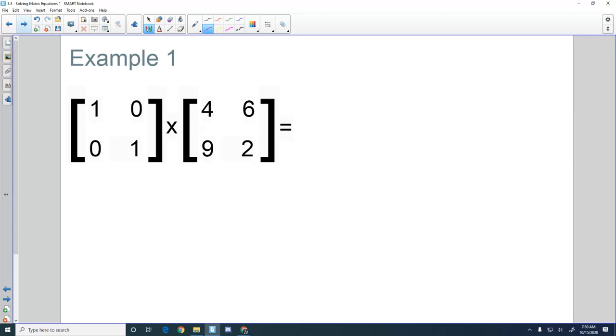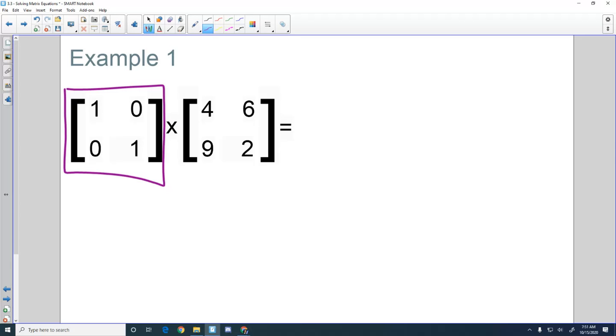Now, if you look at that first matrix, hopefully you can recognize something. That 1, 0, 0, 1 is the identity matrix. So if you ever recognize that you're multiplying something by the identity matrix, that diagonal of 1s and everything else zeros, we know that multiplying by this is the same as taking a number and multiplying it by 1, meaning it doesn't change its value.